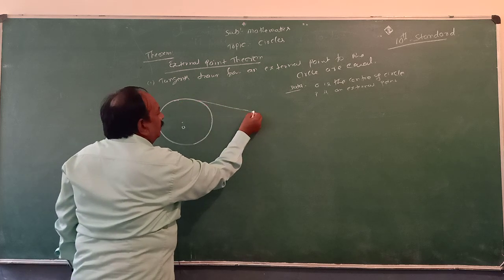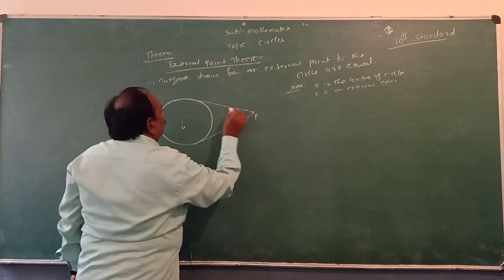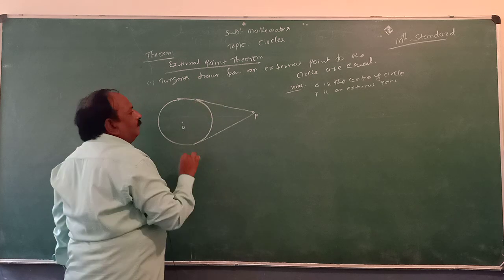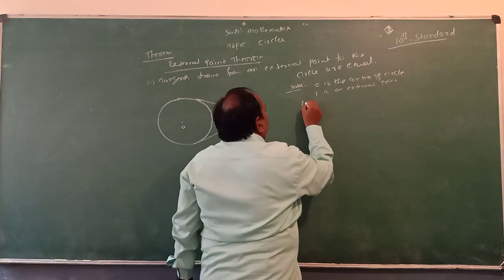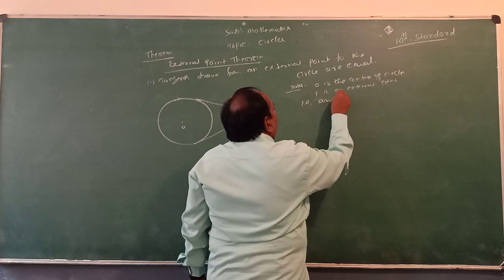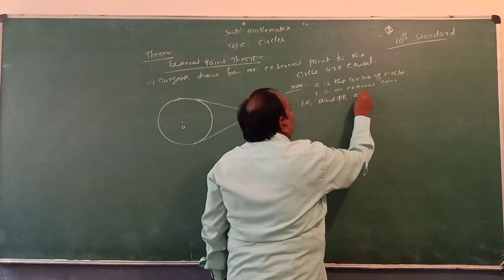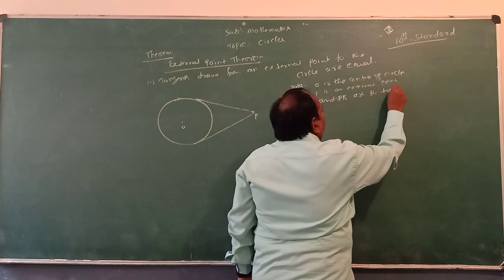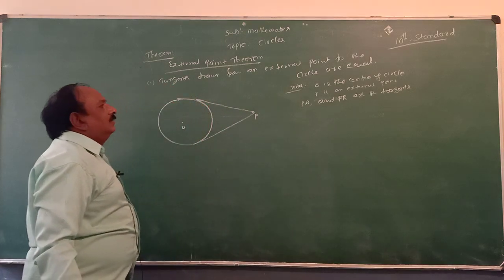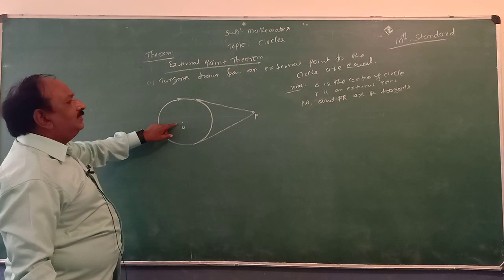PA and PB are the tangents. Data: O is the center of the circle.